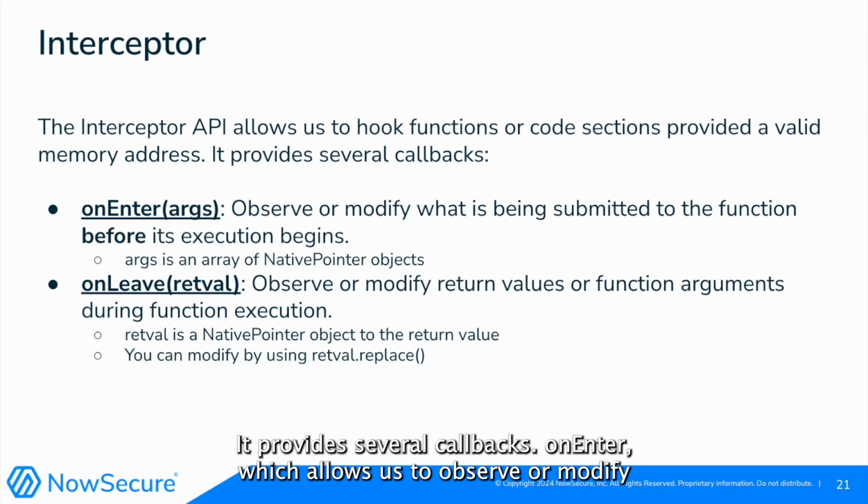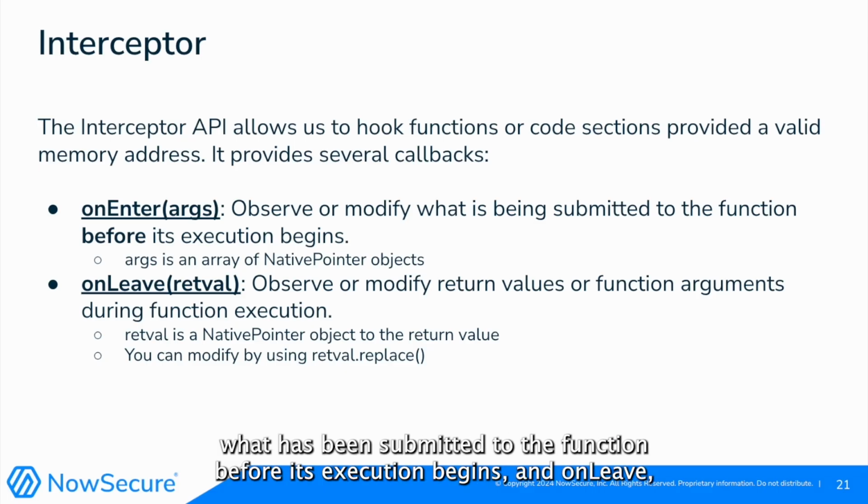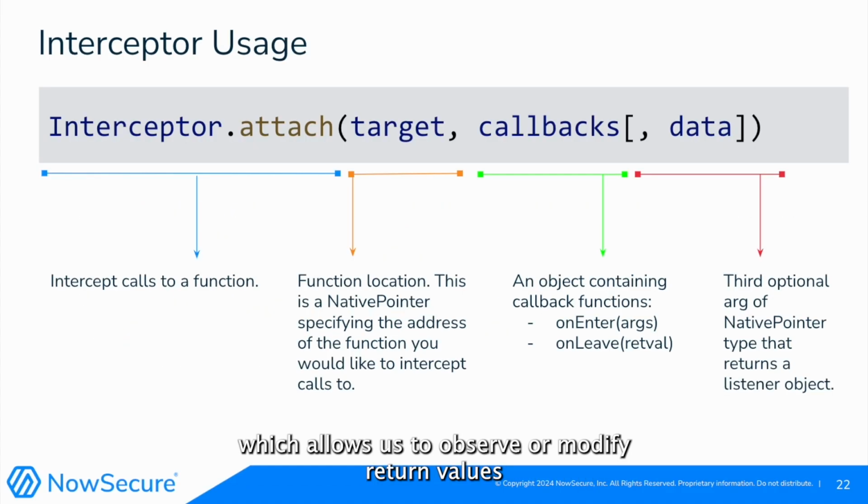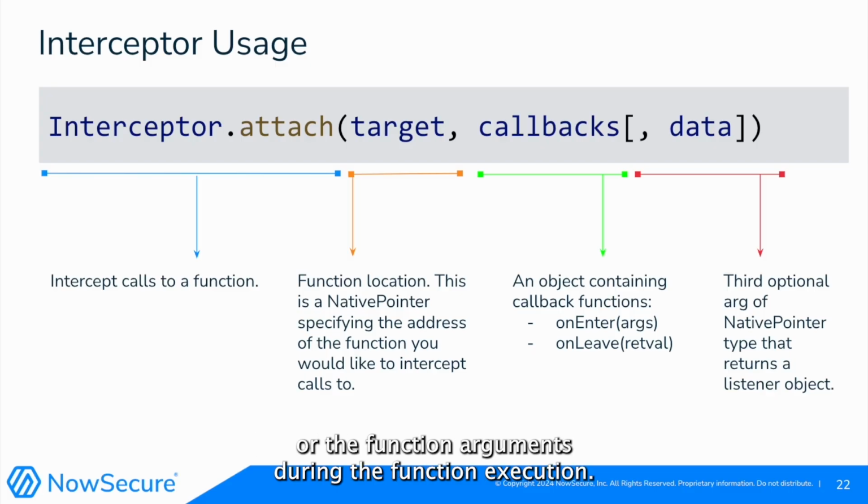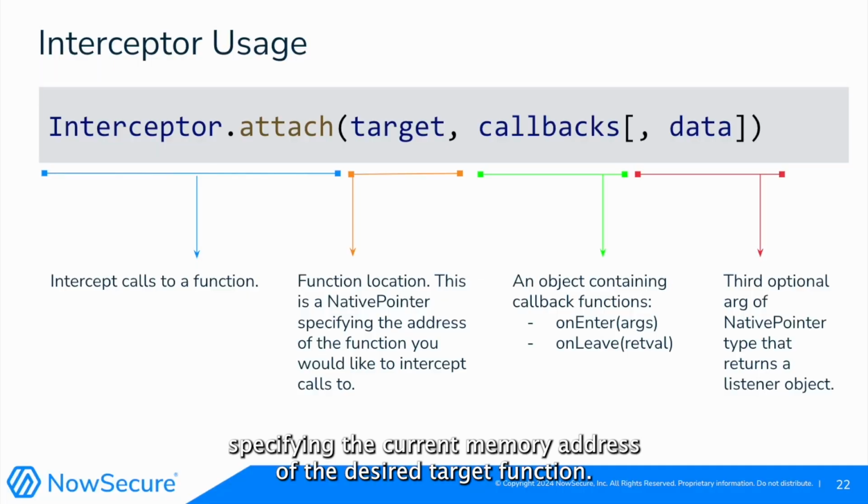It provides several callbacks. onEnter, which allows us to observe or modify what is being submitted to the function before its execution begins, and onLeave, which allows us to observe or modify return values or the function arguments during the function execution. The only required input of this API is a pointer specifying the current memory address of the desired target function.